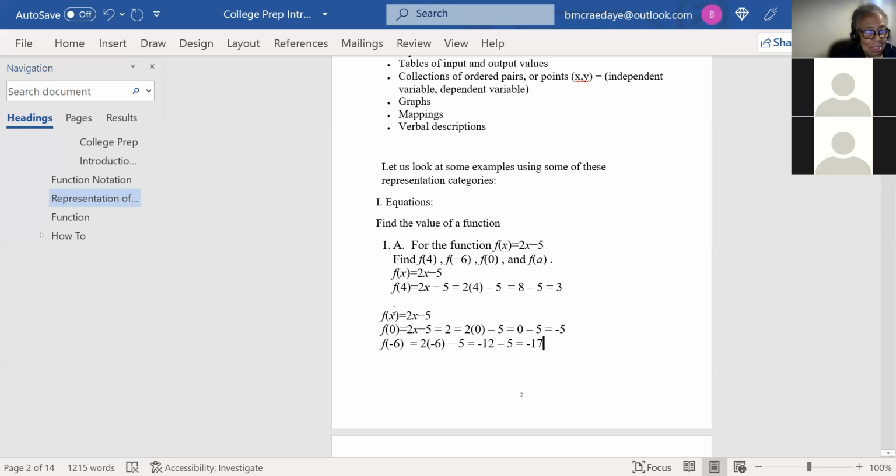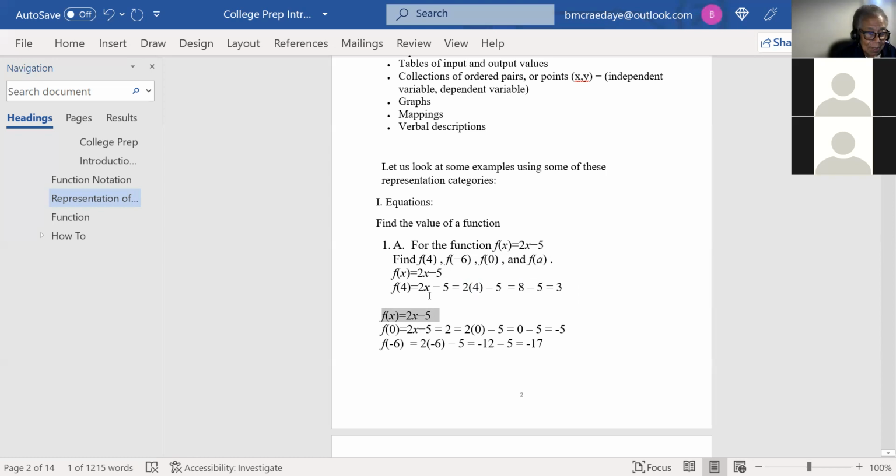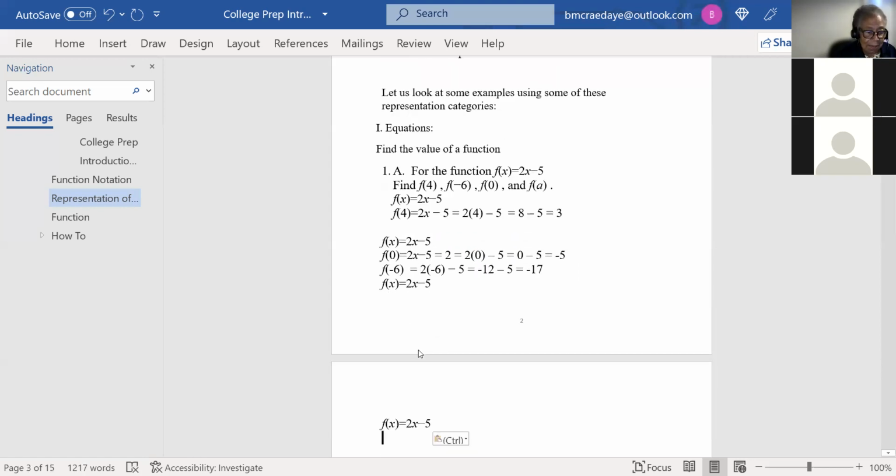Now, the substitution doesn't have to be a number. It could be a variable. So let's take this again and find f of a. Now this is f of a. So Chastity, what would the answer be?